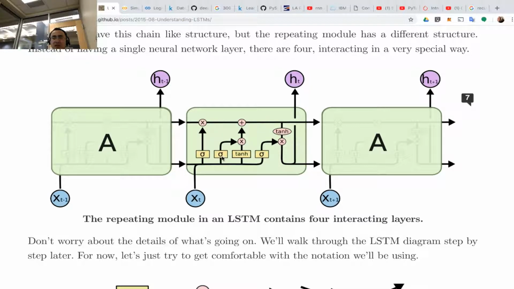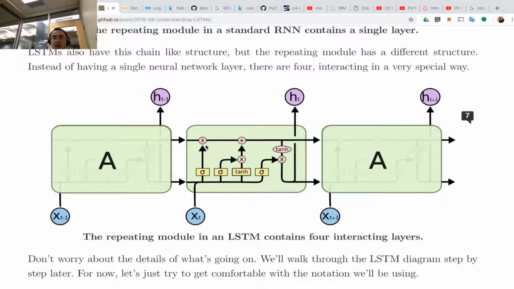I think it's a sigmoid. And then it goes to a multiplication. This is an element-wise multiplication element, right? The symbol. So if you have a matrix, element-wise multiplication.